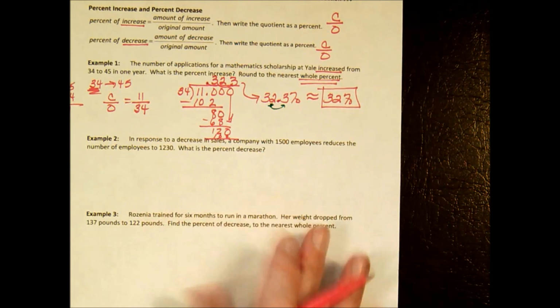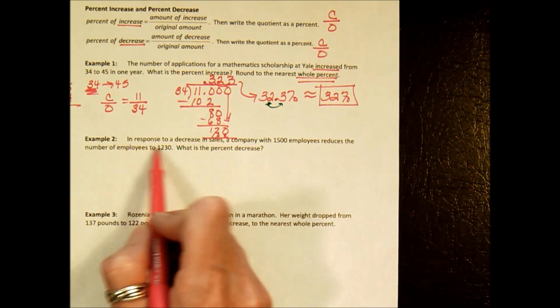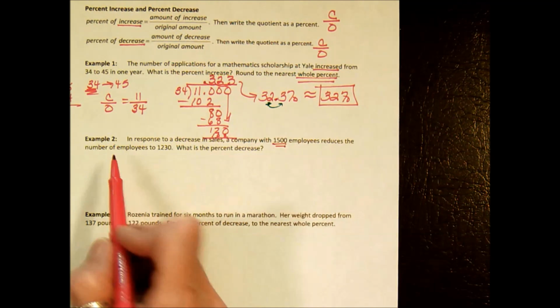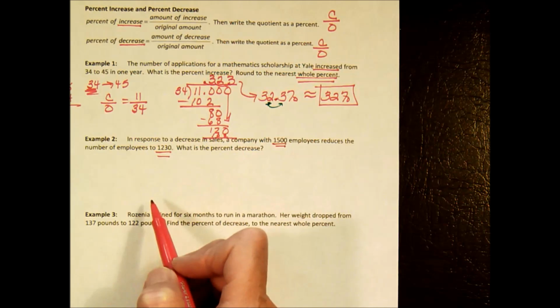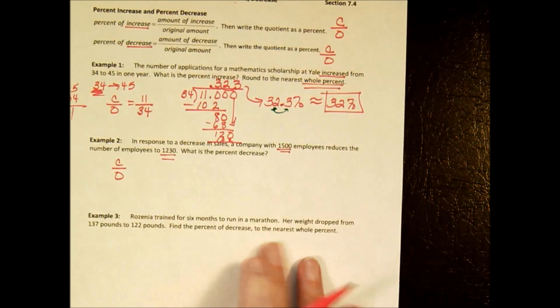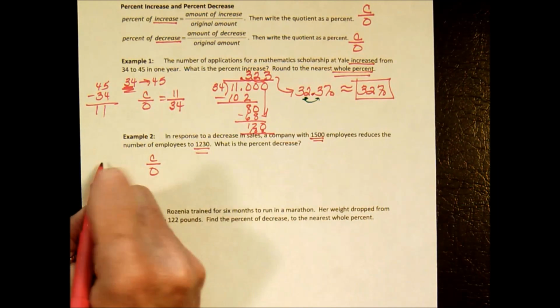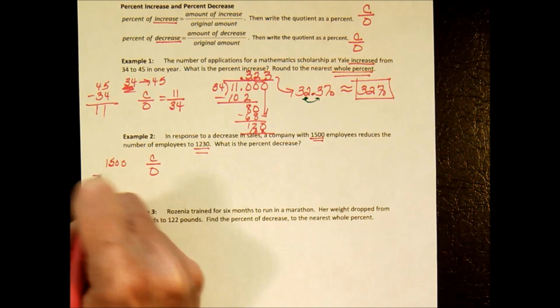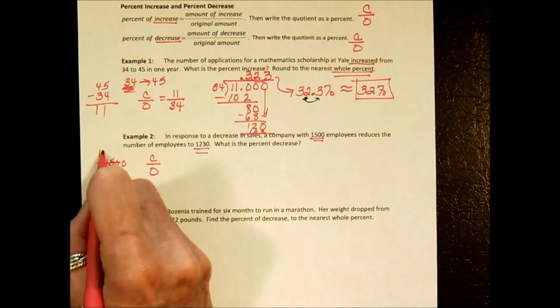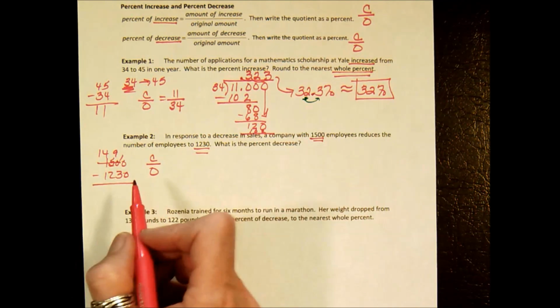Let's look at a percent decrease. Works the same way. In response to a decrease in sales, a company that had 1,500 reduces the number to 1,230. What's the percent decrease? The change over the original. So let's figure out the change by subtracting 1,500 minus 1,230. We're going to borrow and make that 149 and make that, what am I doing?